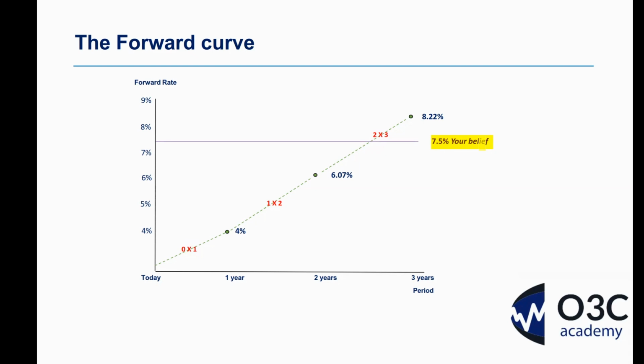And if the yield is higher than we believe it should be, because the forward rate is higher than where we believe it should be, that's suggesting that in relation to the 2-year bond, our 3-year bond looks relatively cheap. So we're expecting, of course, if our beliefs are to be met, that this rate, this 2 times 3 rate, is going to come lower. It's going to come down to 7.5%.